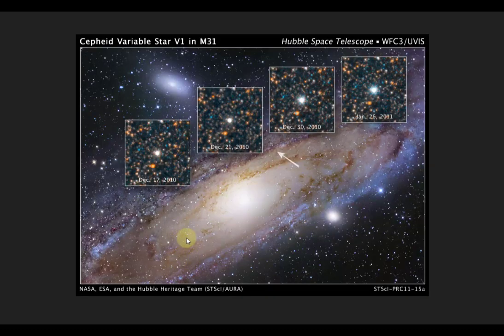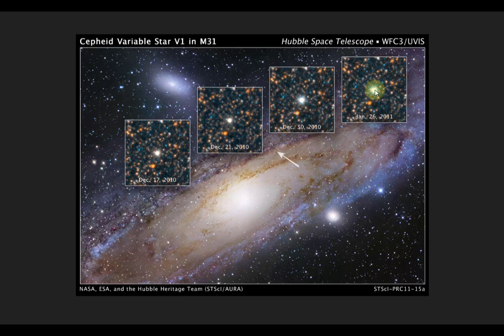Hubble himself found out that the Andromeda galaxy is a faraway object by looking at a Cepheid variable in the Andromeda galaxy right here. And this is how the star was changing its light over a period of several weeks. So by knowing the period of variability, he could find out how luminous this object is.